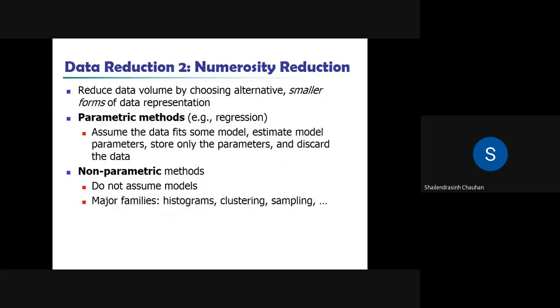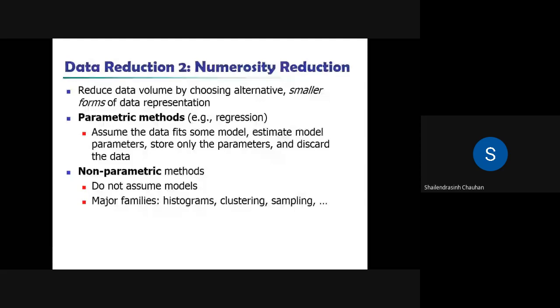Fine, and parametric methods are there. That is regression, and non-parametric methods are also there. In parametric methods, regression like linear regression, non-linear regression, all these kinds of techniques are there, where you are considering parameters. That's why it is parametric. Here, we are assuming the data fits some model, some equation, and estimating the model parameters.